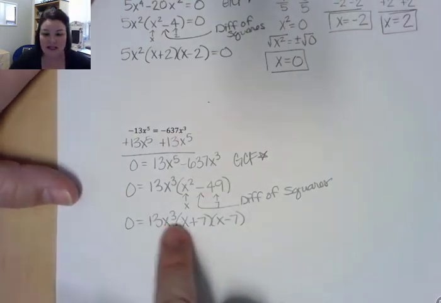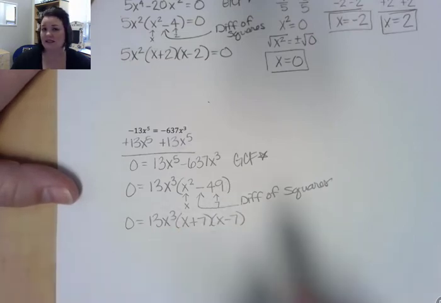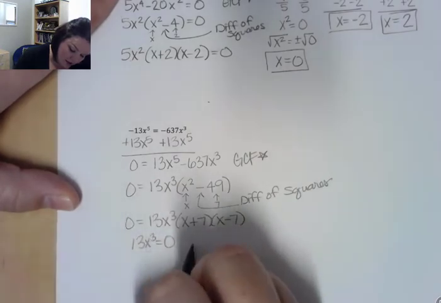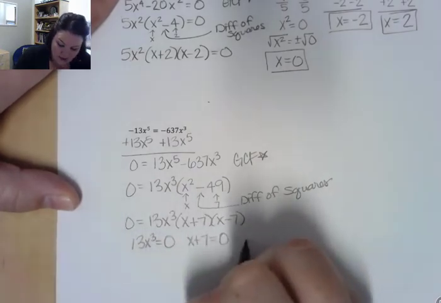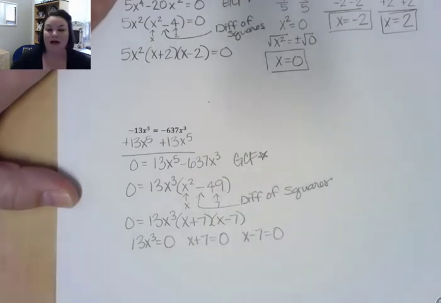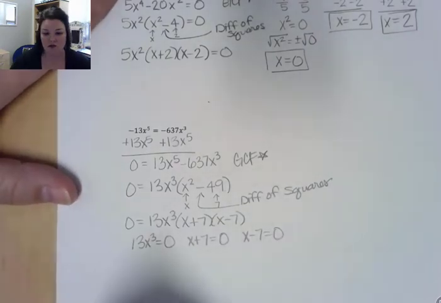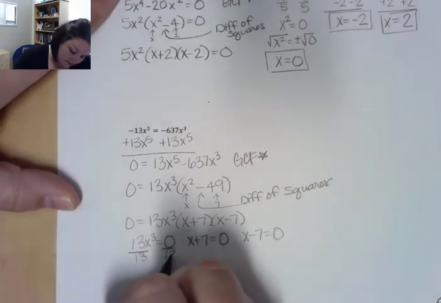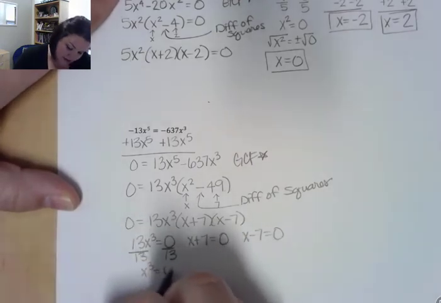Once I have it completely factored, then I just set each of these factors that have an x equal to 0. So this means 13x cubed equals 0, x plus 7 equals 0, and x minus 7 equals 0. And then I just solve each one. So here I'm going to divide off my 13, and I'm left with x cubed equals 0.